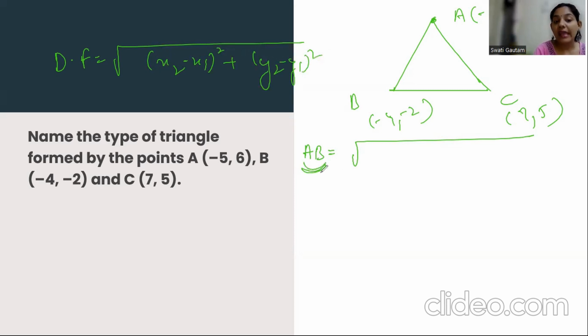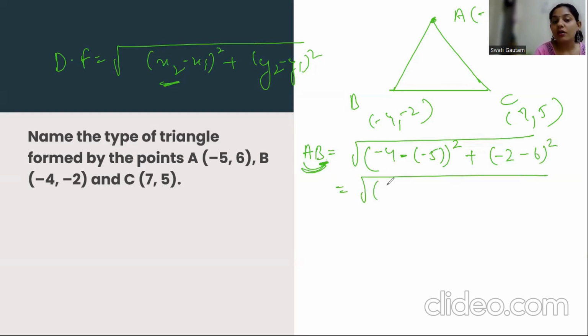When we are talking about AB, x1, y1 I will get from A and x2, y2 I will get from B. So x2 I am getting from B, that is minus 4. And x1 you have minus 5, because there is a sign of minus in the formula, and minus 5, so square, plus y2 minus y1 whole square. And solving it, minus 4 plus 5 whole square plus minus 8 whole square.